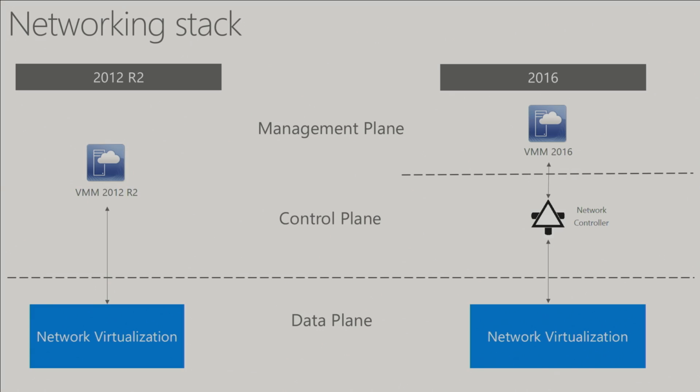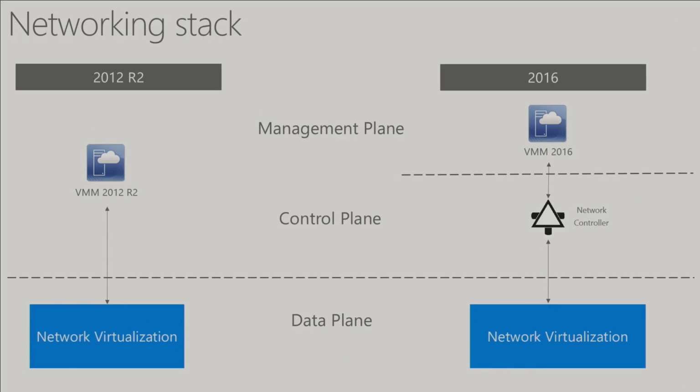With 2016, there is a separation of planes. The control plane is now the network controller, which is a component in the Windows Server 2016 OS itself. And the management plane is in VMM 2016. VMM 2016 will support both modes. So if you have a pre-SDN environment, you can configure and use it using VMM 2016.